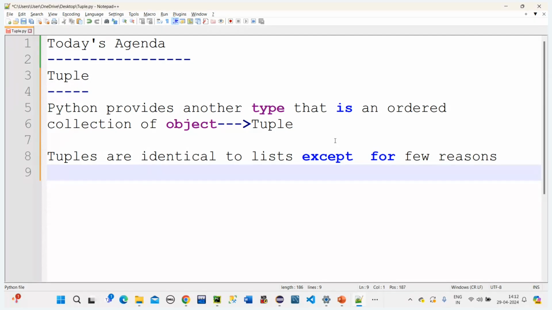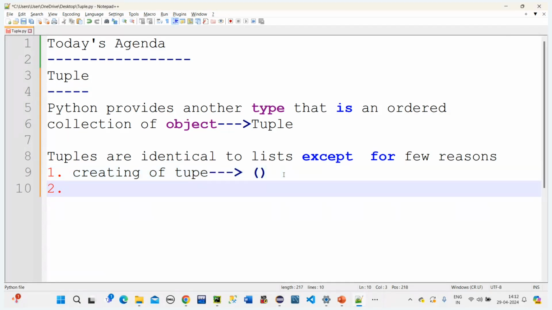First one is the creating of a tuple. How do we create it? By using circular brackets. But a list, how do we create a list? Square brackets. The second, very important one is that tuples are immutable.